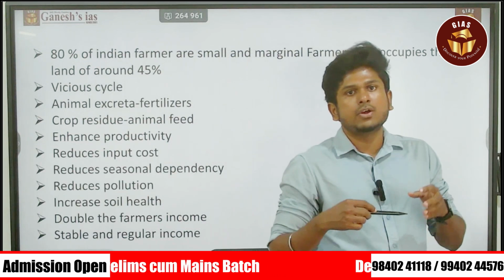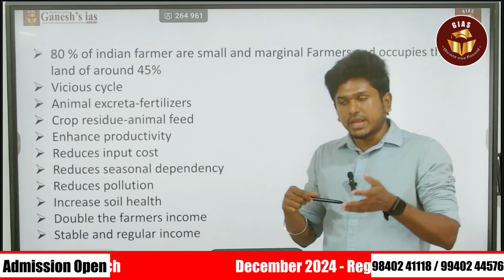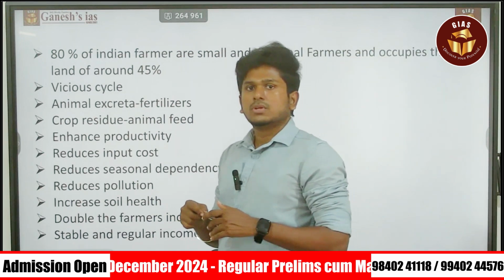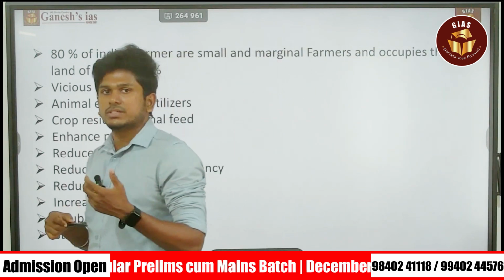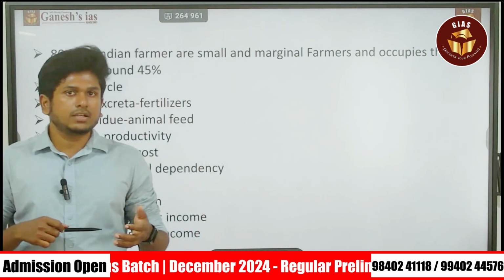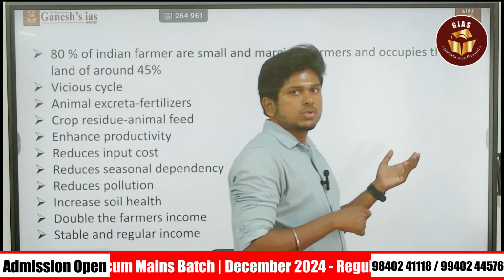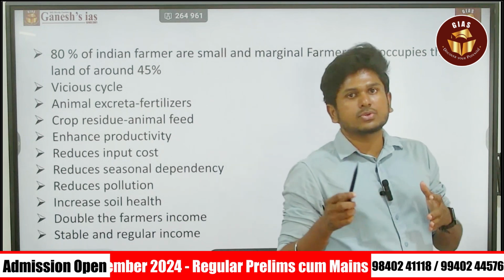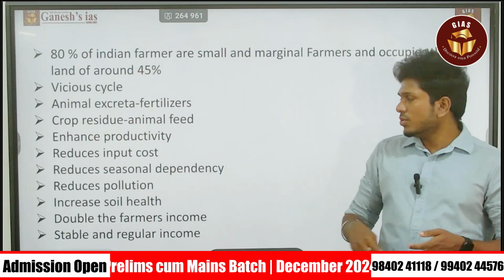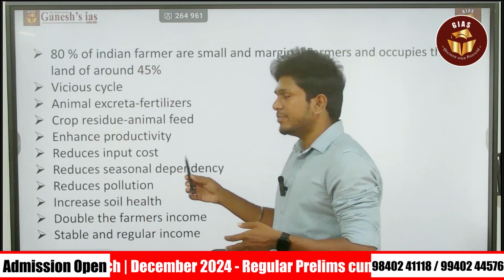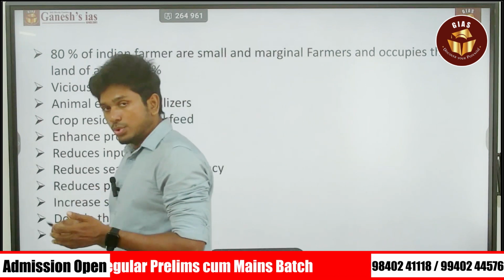In the lean season, you won't cultivate anything in your field, so you don't have any income generation mechanism. In that scenario, you can do fish farming or poultry. So in the lean season also you will get some money. You can easily overcome the seasonal dependency, and it reduces pollution.